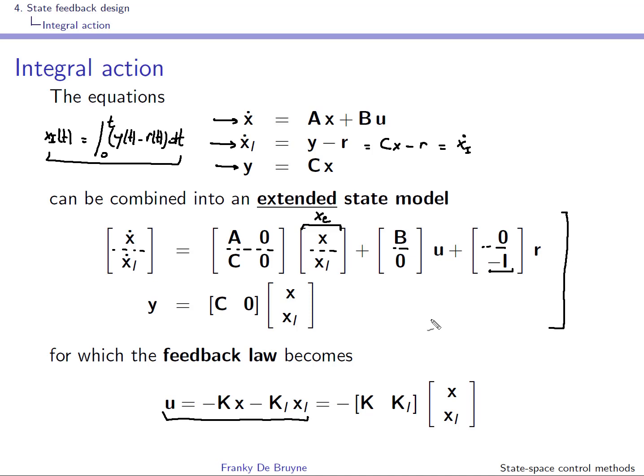So what we can do now is use this to design a feedback law based on this extended state model. So the feedback law will be minus K extended times the extended state. Okay, so this will be K extended, and for that you can use pole placement or you can use LQR design.